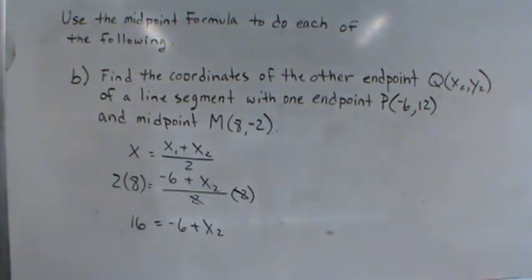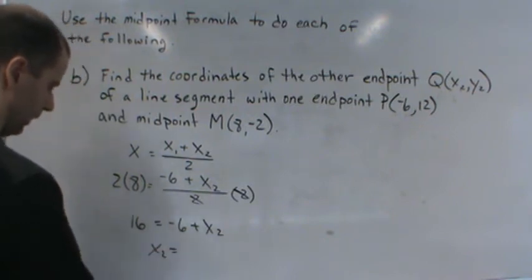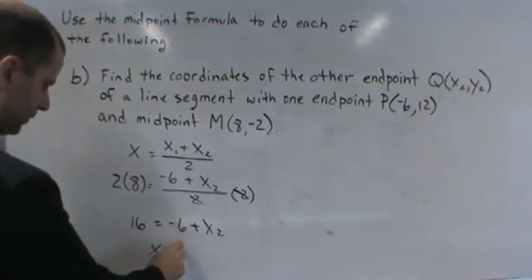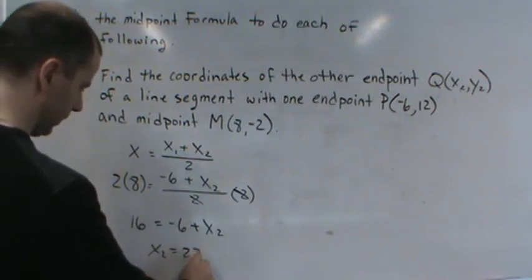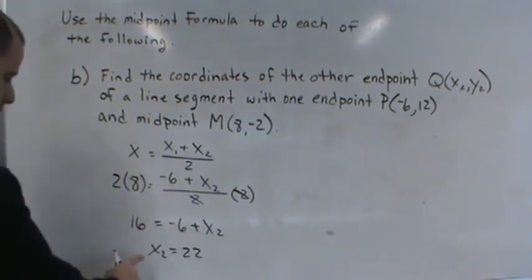And then we get x2 equals, so we're going to add 6 to both sides, and we get x2 equals 22. Okay, and so we got one coordinate.